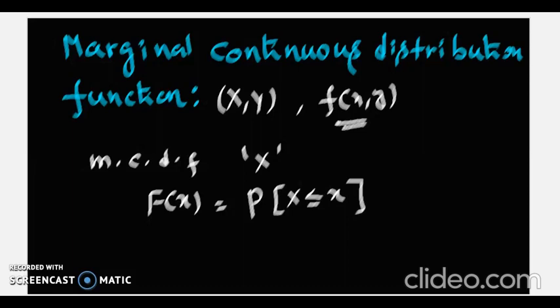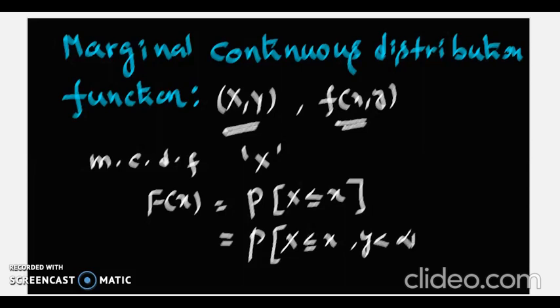Here, what is the meaning of X less than or equal to small x? Because it is a two-dimensional case, we have the probability of X less than or equal to small x and Y less than infinity. So there is no value for y in the marginal case.